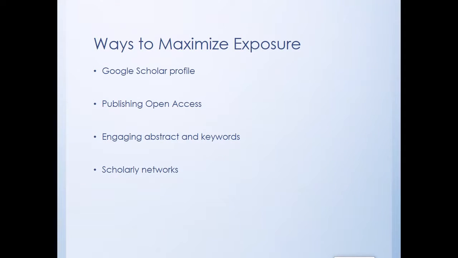Okay, so ways to maximize exposure. Google Scholar profile. If you don't have one, I recommend setting one up. All you need is something that logs on to Google. It can be your personal Gmail. It can be something affiliated with American.edu that won't display on your Google Scholar profile. But it's a handy way to get all of your research in one place that you can control.